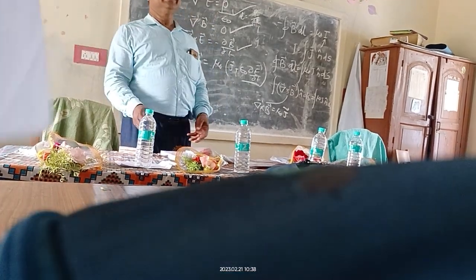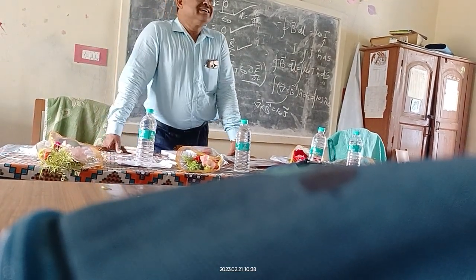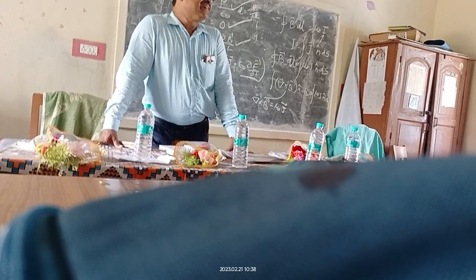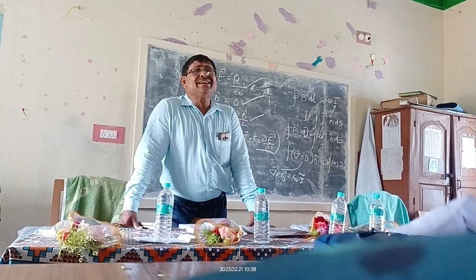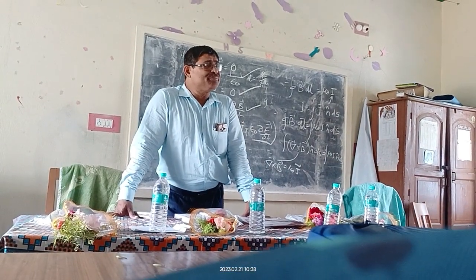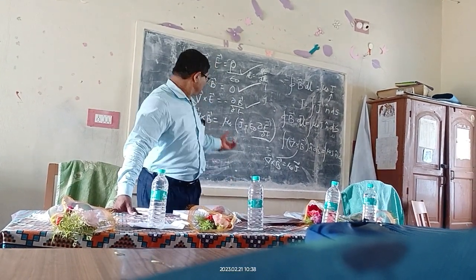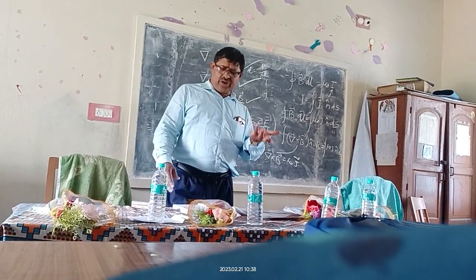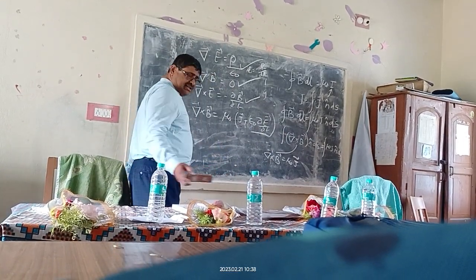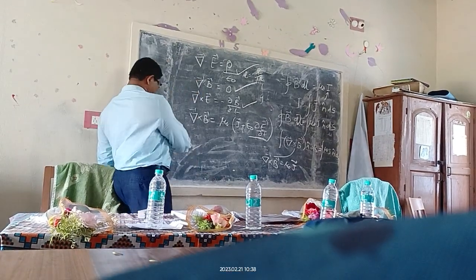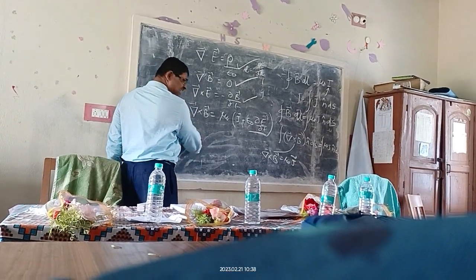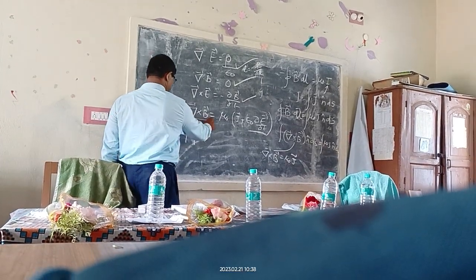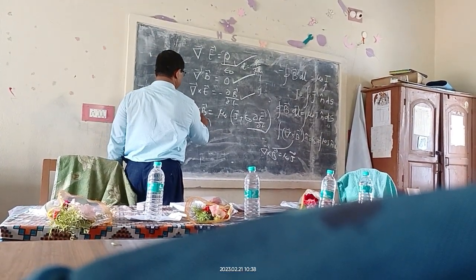Now the concept of displacement vector came, and it needs a modification of Ampere's circuital law. Ampere's circuital law earlier was curl B is mu 0 J. So when people find that this is a capacitor, these are two plates, and this is the circuit connected to a battery having a resistance.